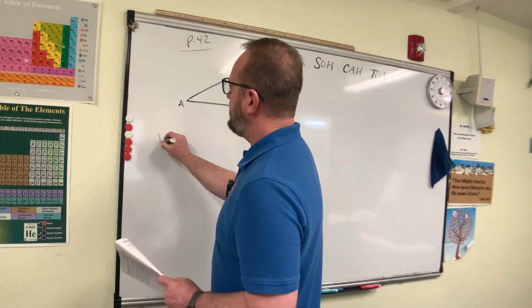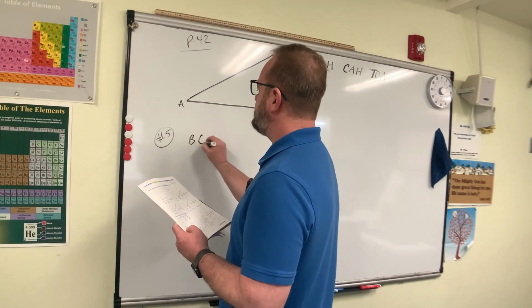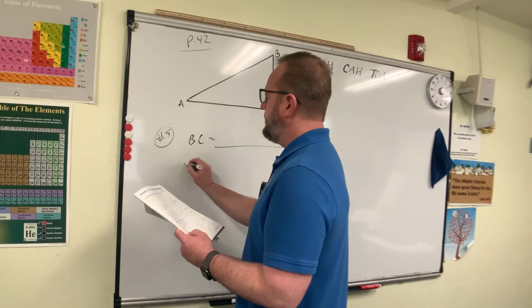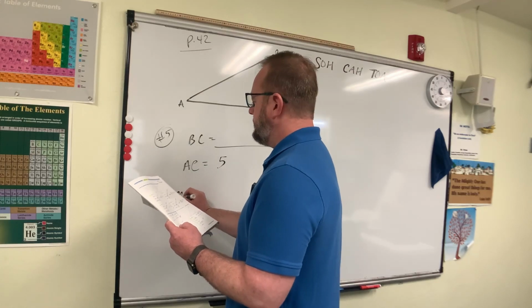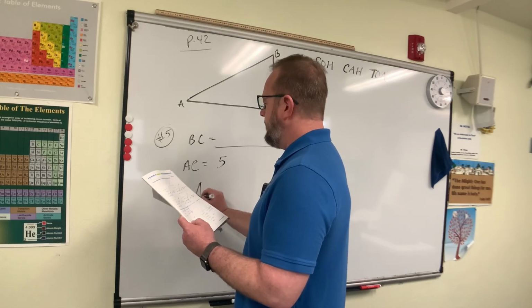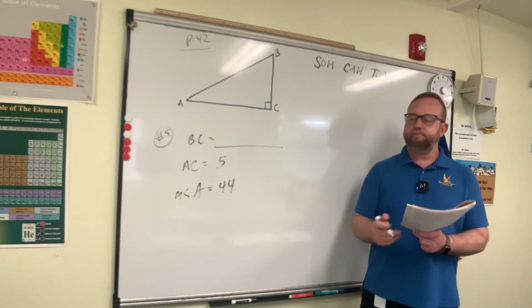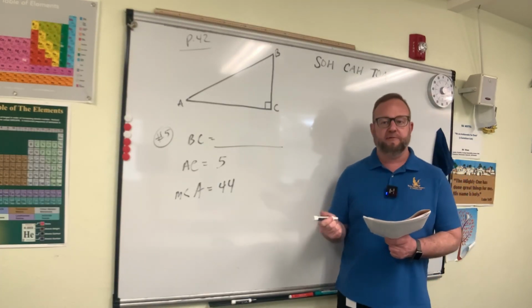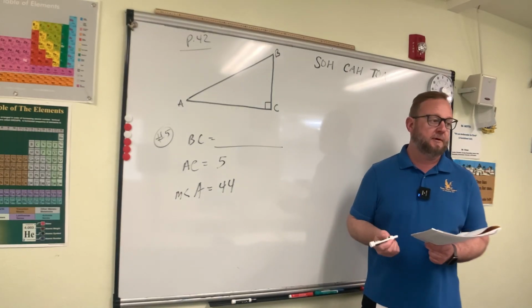Number 5. BC blank, AC 5, measure of angle A is 44. I'm supposed to find BC for number 5. I'm given AC is 5, measure of angle A 44.